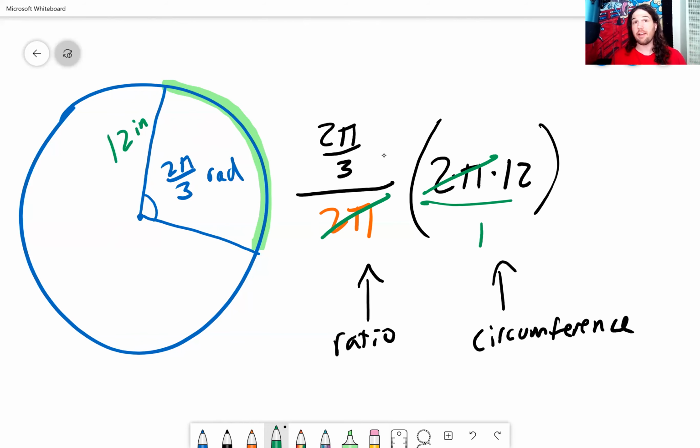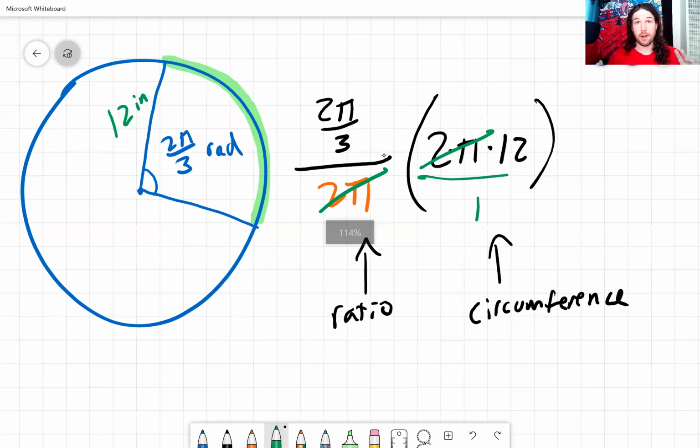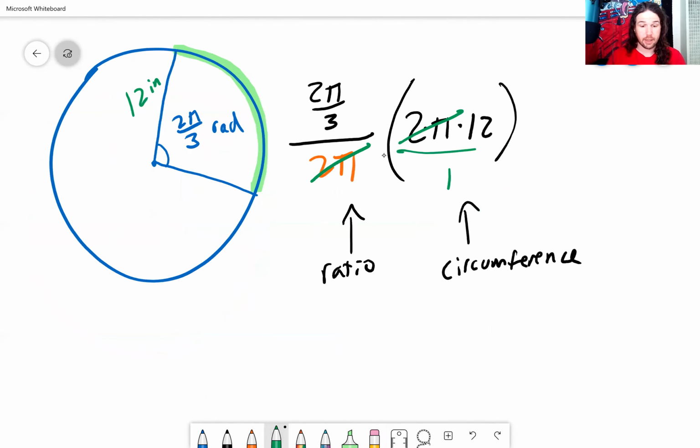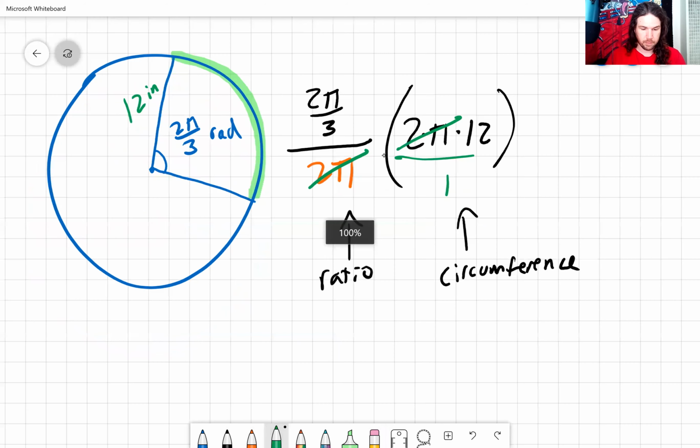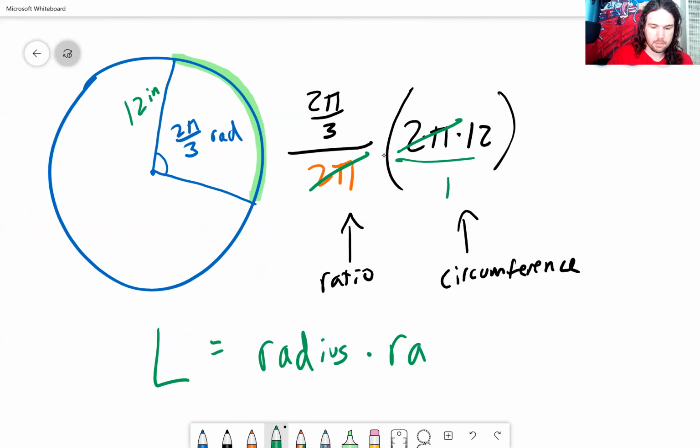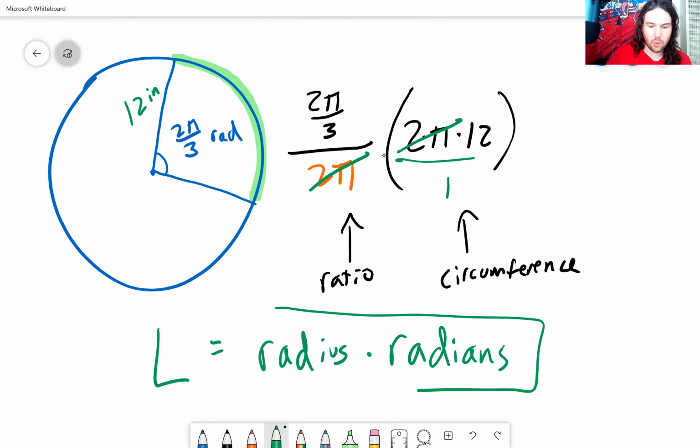And they cancel every time, so you never even need to write them anymore. Okay? The shortcut for finding arc measure, or for finding arc length, is that arc length is the radius times the radians. That's the way I always remembered it.